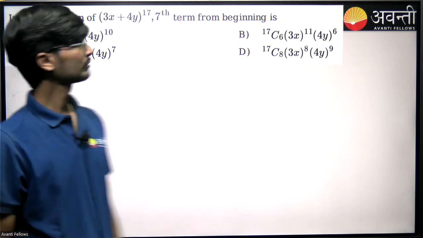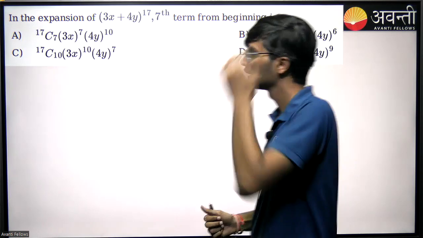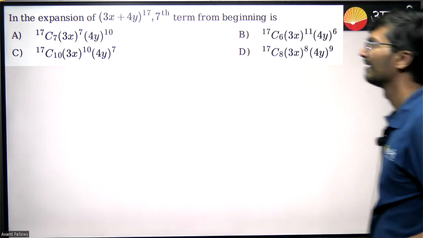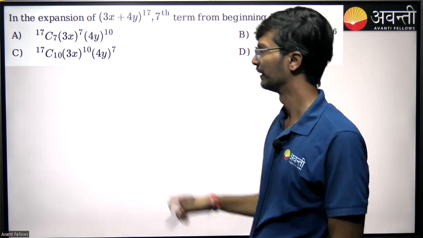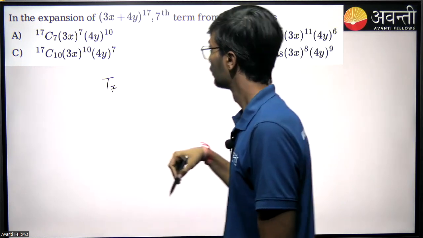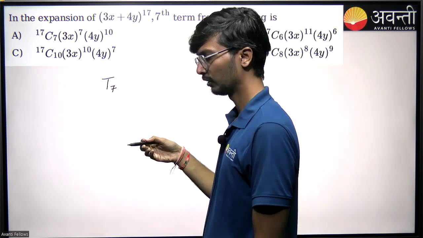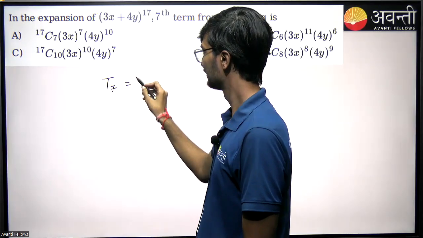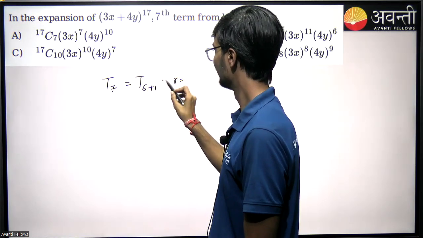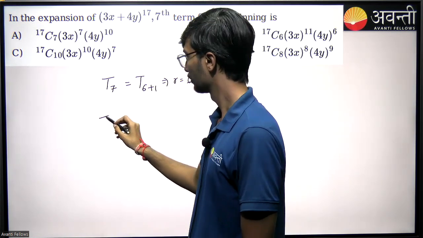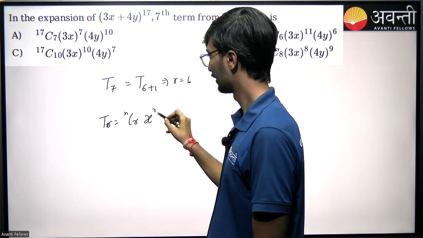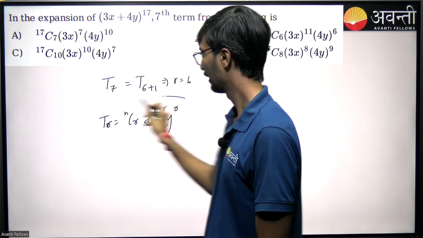Yeah. So this is a question of binomial expansion. In the expansion of (3x plus 4y) raised to the power 17, the seventh term from the beginning. That means they want us to find T7. If you know the general formula, T7 means T of 6 plus 1, so r equals 6. T(r+1) is nCr x raised to the power n minus r, y raised to the power r.